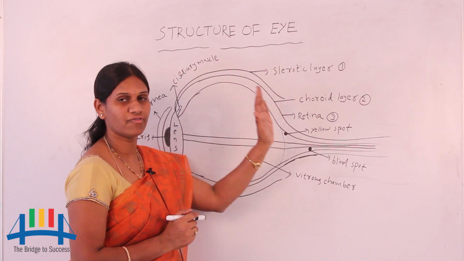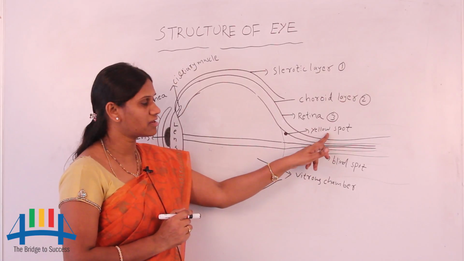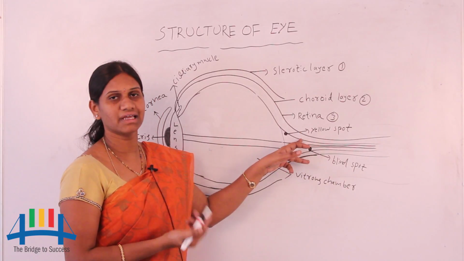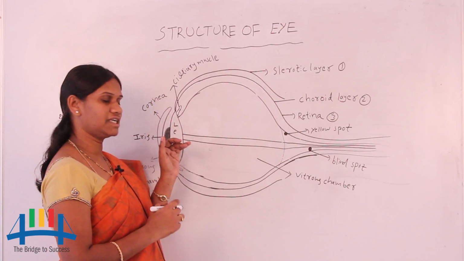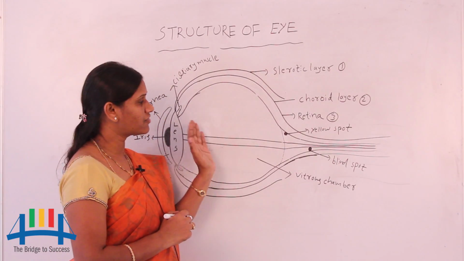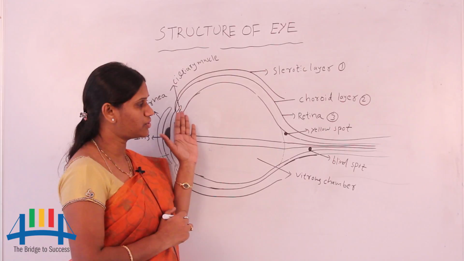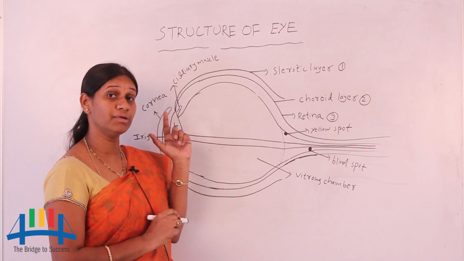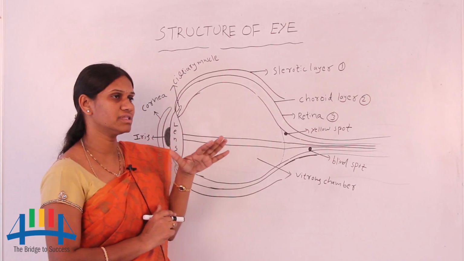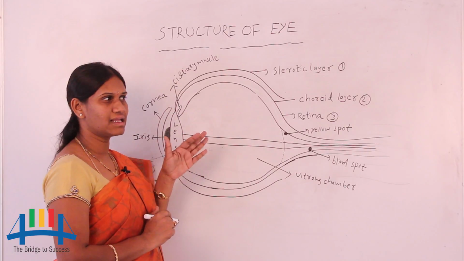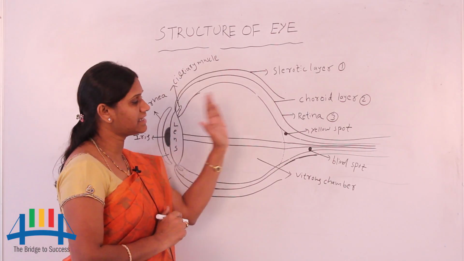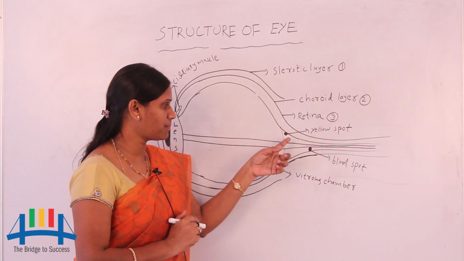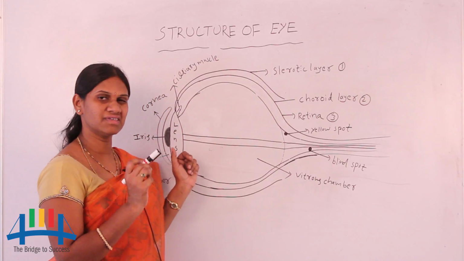The image falls on the yellow spot, which is a very active part for analyzing any object or image. So the lens helps the passing of the image from the environment to near the yellow spot. Commonly when we look at an image, it first falls on the lens as a reverse image, then it is cleared and analyzed in the yellow spot, where a common upright image is formed. So the lens is very important.